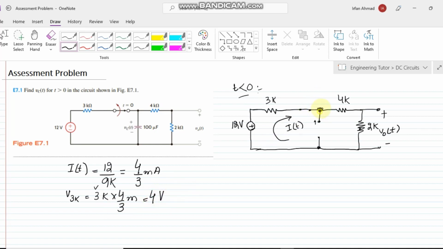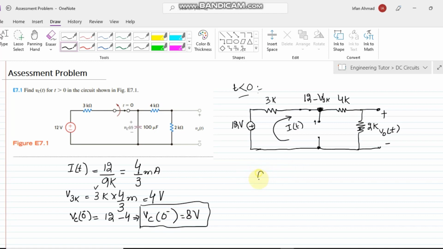Now the voltage here will be 12 minus V3K, the same concept which I have told you earlier. So VC of 0 minus is equal to 12 minus 4, that is 8 volts. Okay, that is the voltage at the instant when the switch has to change its position.